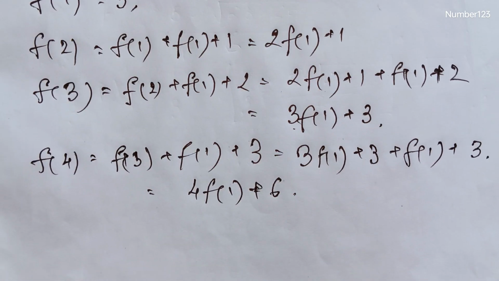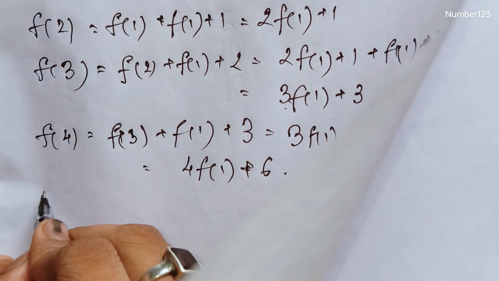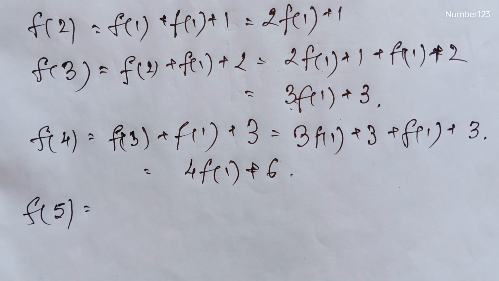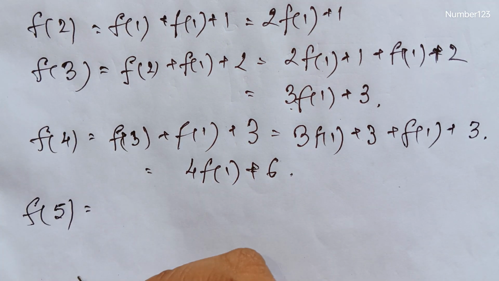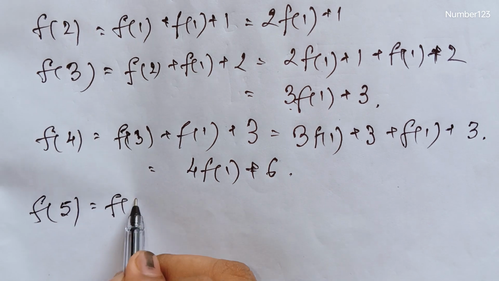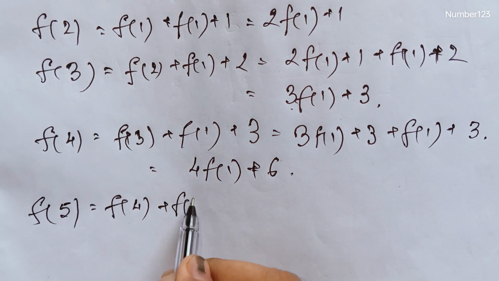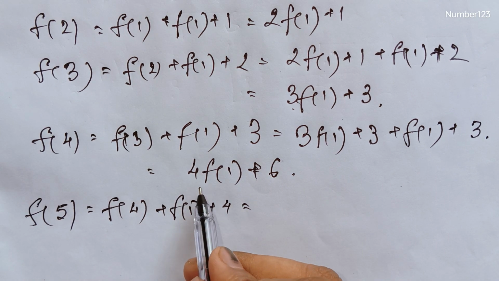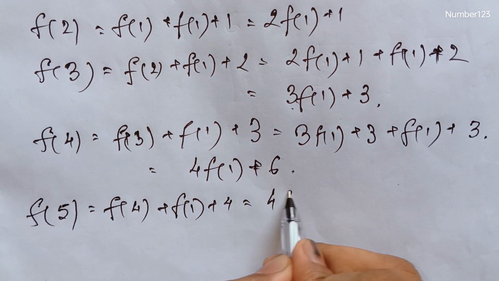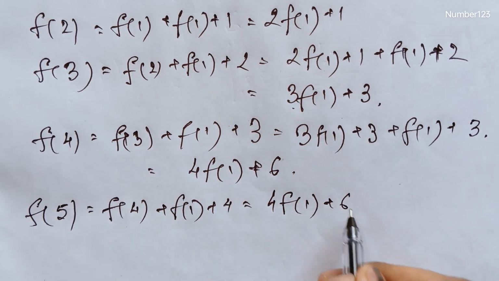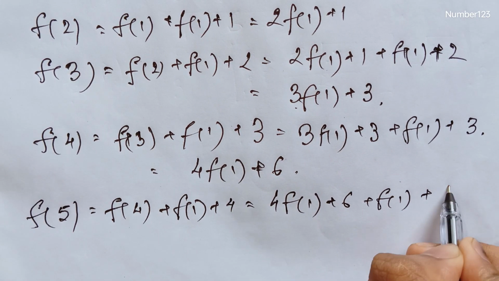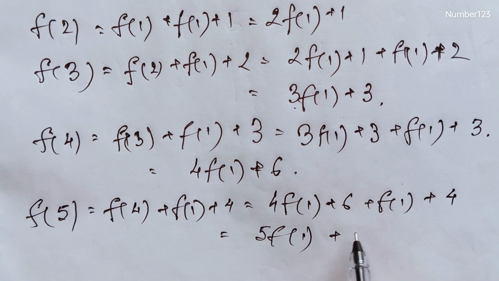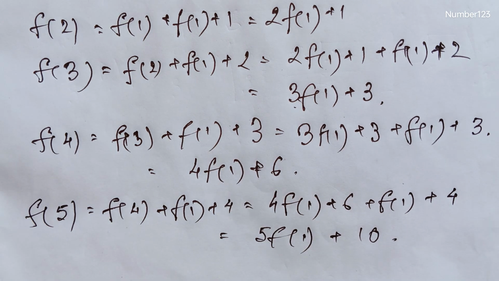Okay, another term. We just analyze the next term. So f(5) means f(4) + f(1) + 4. f(4) means 4f(1) + 6, so we can write it as 4f(1) + 6 + f(1) + 4, which is equal to 5f(1) + 10.